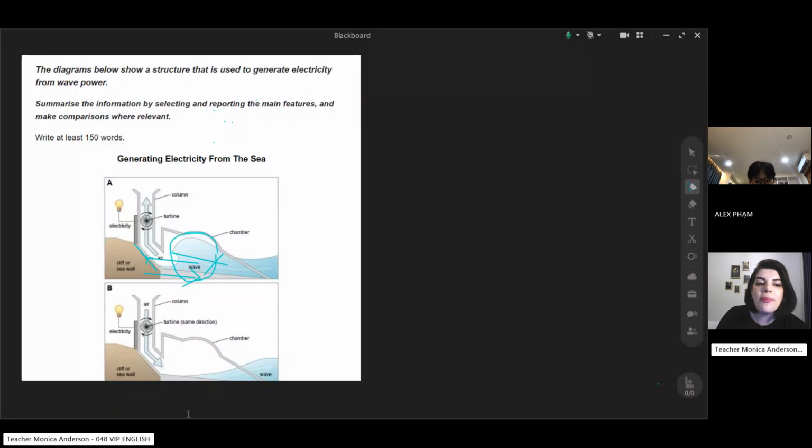And it forces the air inside this space up the column and through the turbine. Then the pressure of the air rotates the turbine, which generates electricity. So this is the first one.